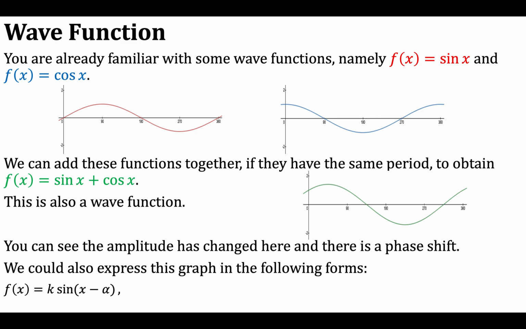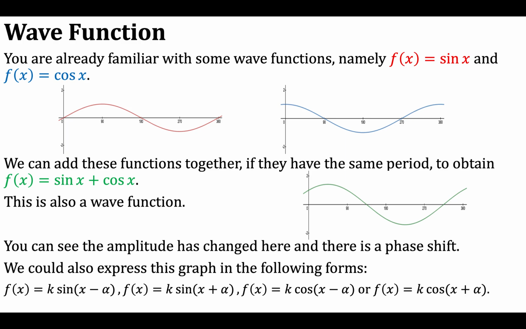So k multiplied by sine of x minus alpha. We could express it as k multiplied by sine of x plus alpha. K of cos of x minus alpha. Or k times cos x plus alpha. So we could express it in these four different forms.